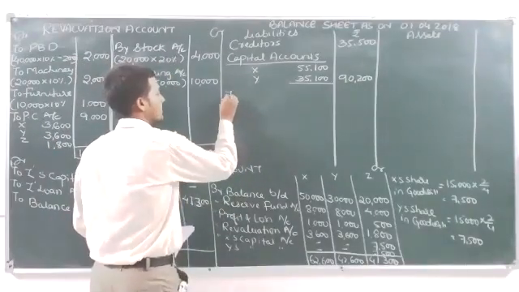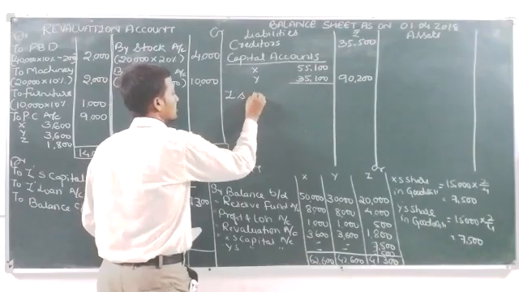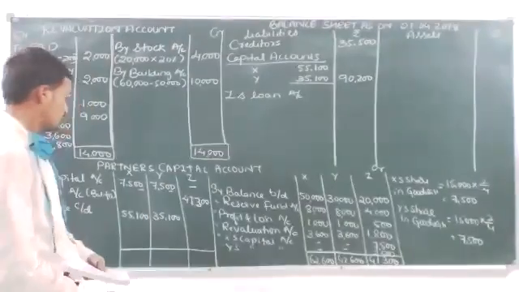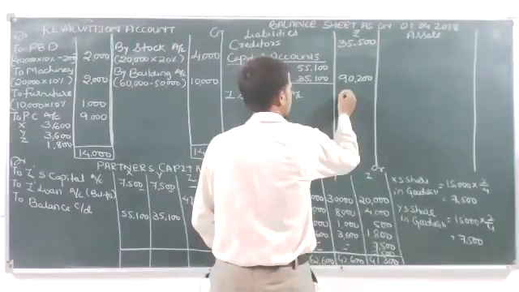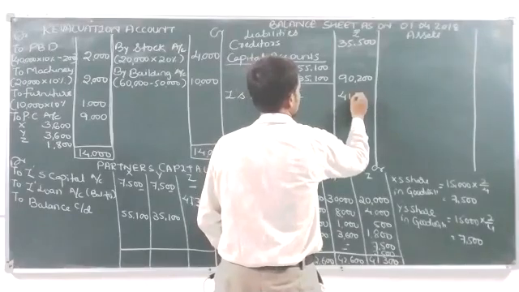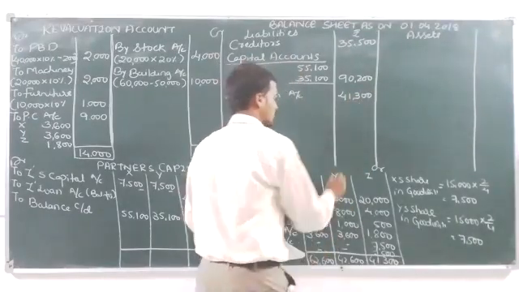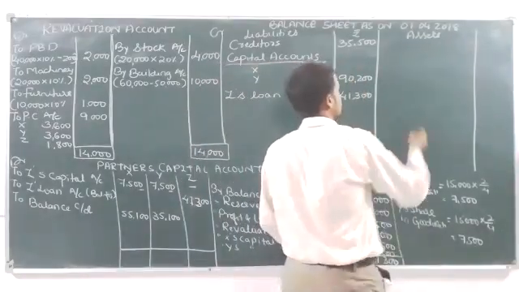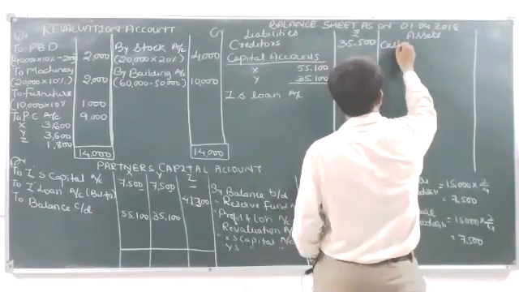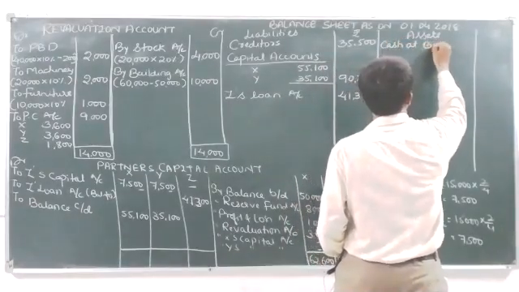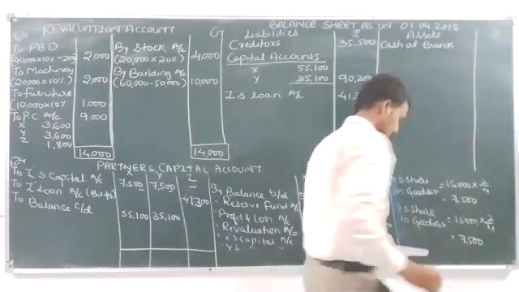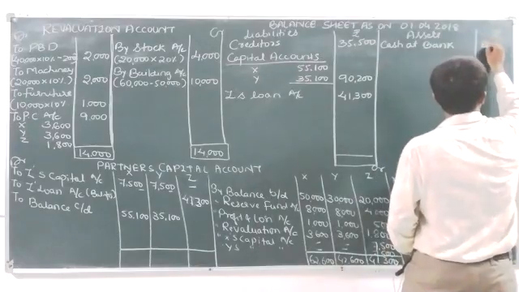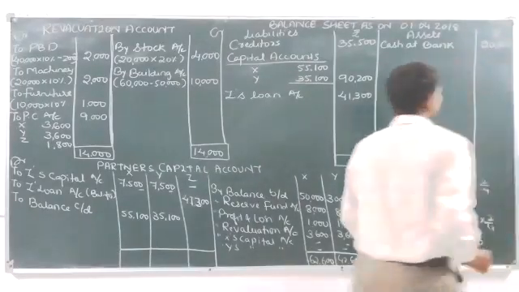And then next is Z's loan account, it is 41,300. Next, in the assets, first is cash at bank. Amount is 20,000.